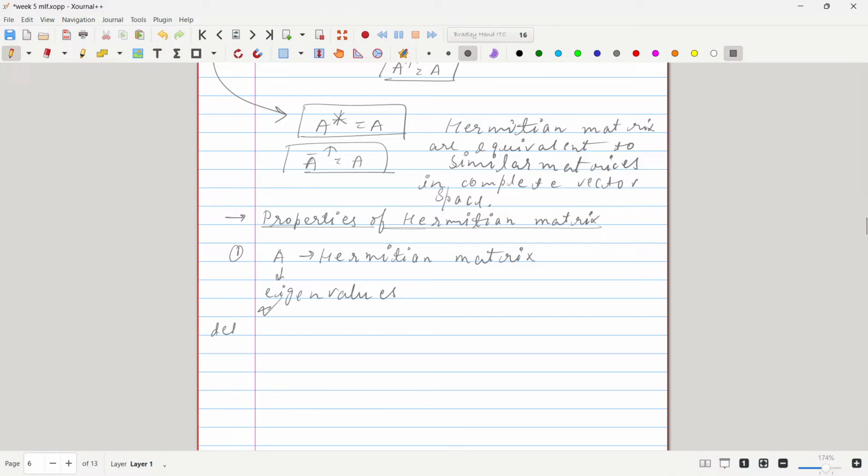Determinant of A minus lambda I should be equal to 0, and here you find lambda. The eigenvalues of a Hermitian matrix should be real.